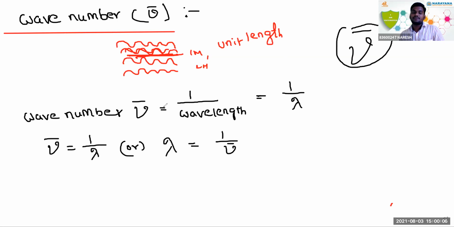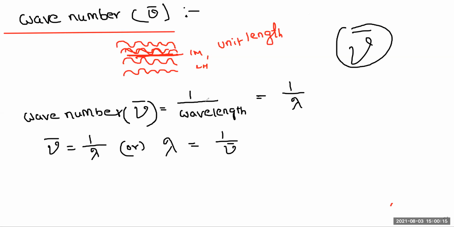Next point: wave number is equal to 1 by wavelength, which is 1 by lambda.